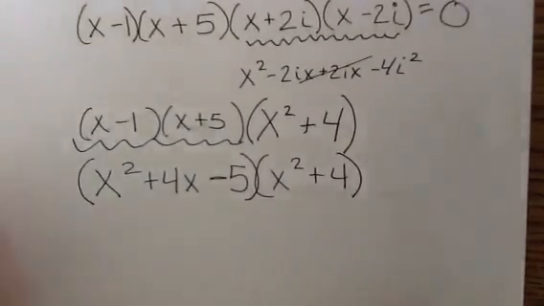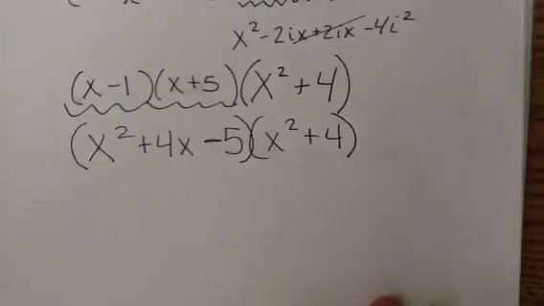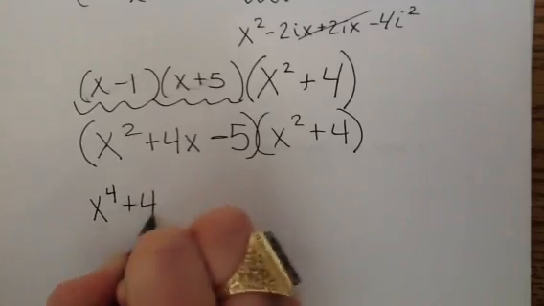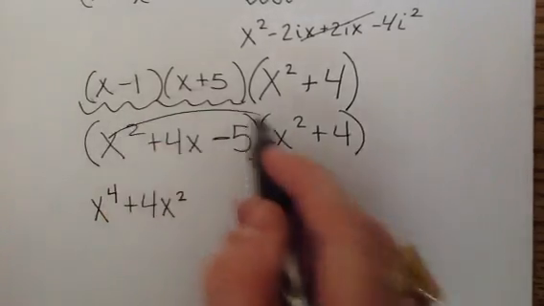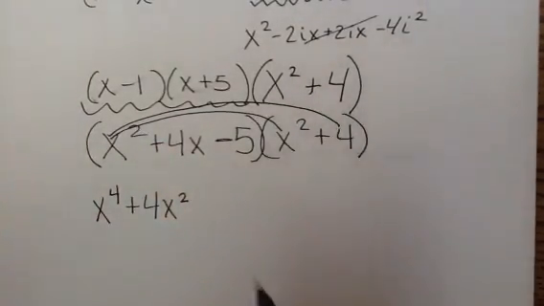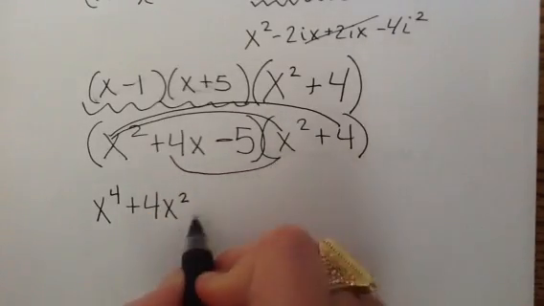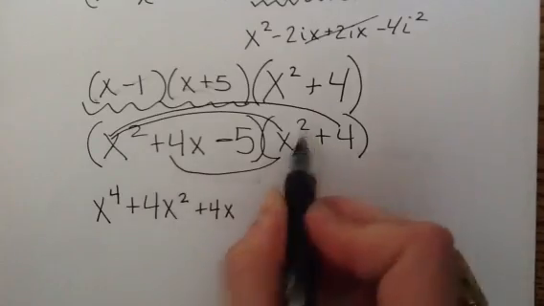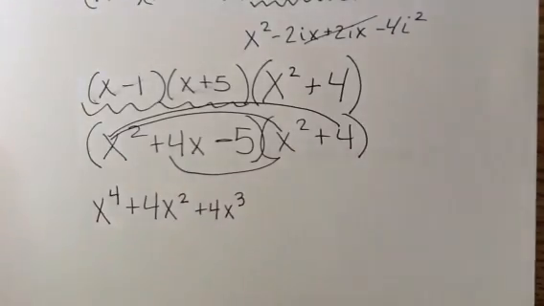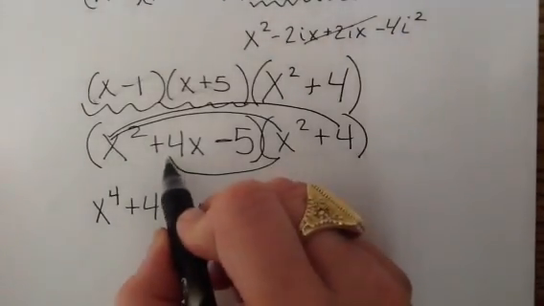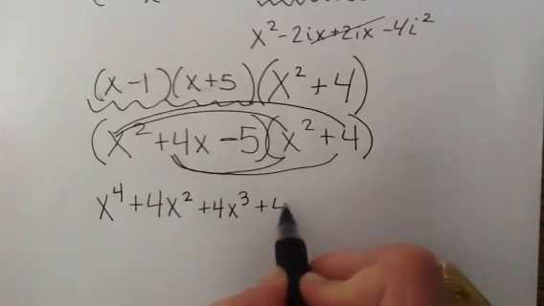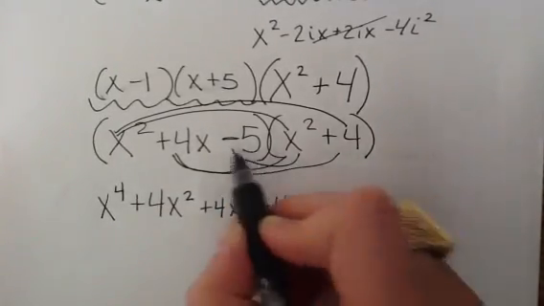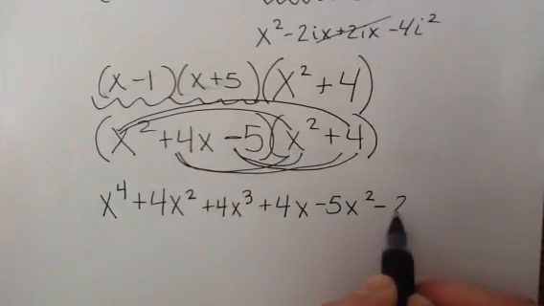Now we have a trinomial times a binomial, so we need to go ahead and multiply those out. You get x to the 4th plus 4x squared. So that was here and here. 4x times x squared is 4x to the 3rd. Then there is 4x. We go right here, negative 5x squared, negative 20 on the end.